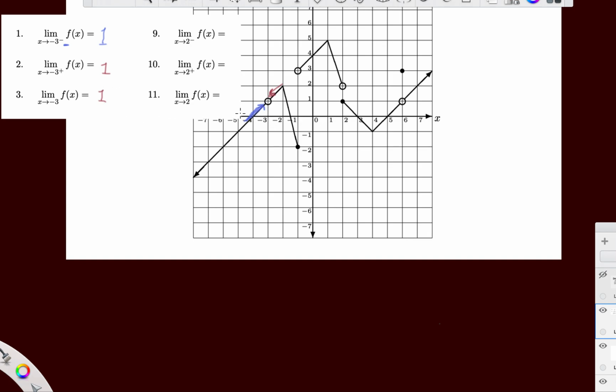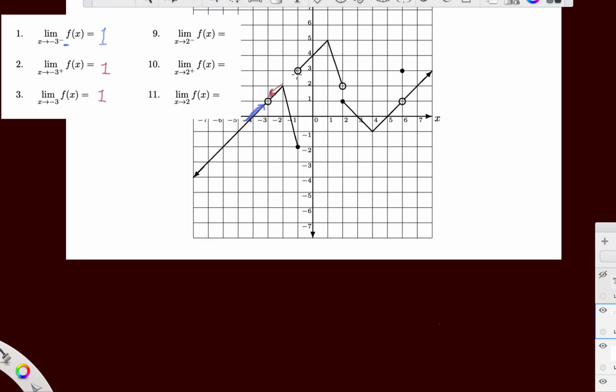Now, if we have this function and you see that it's empty here, it doesn't actually have an output of 1, but we're getting infinitely close. So we have almost an output of 1, but right at -3 here, if you put in a -3, you won't get an answer out. You'll get an undefined answer. And that's why we talk about limits.